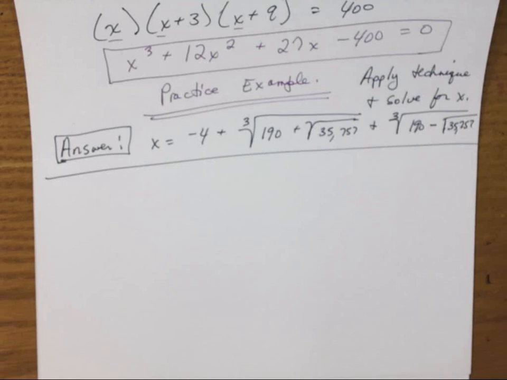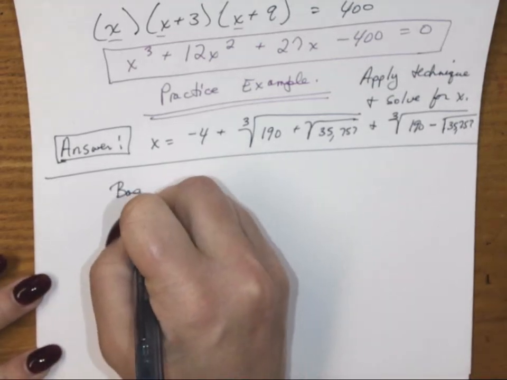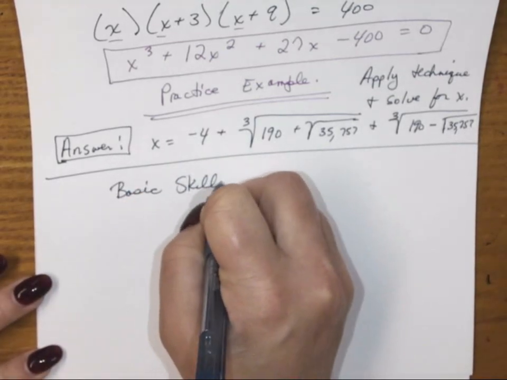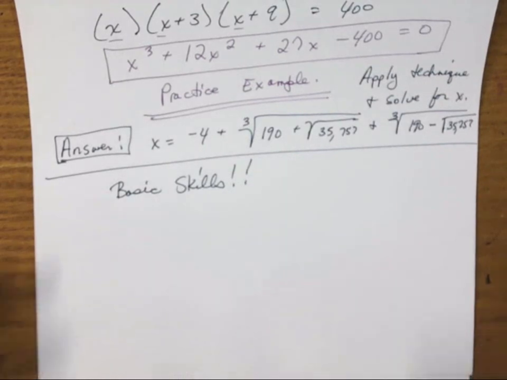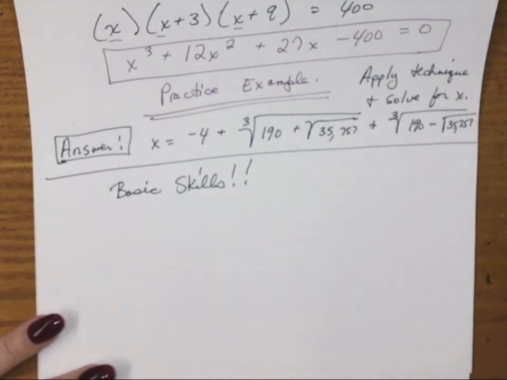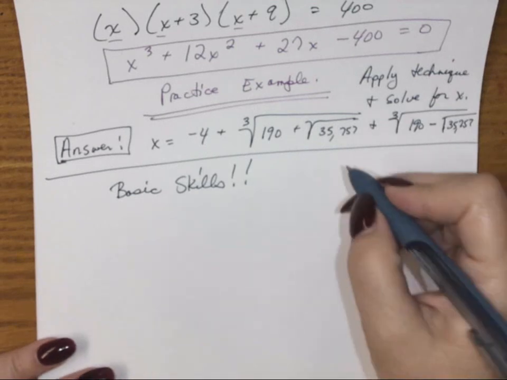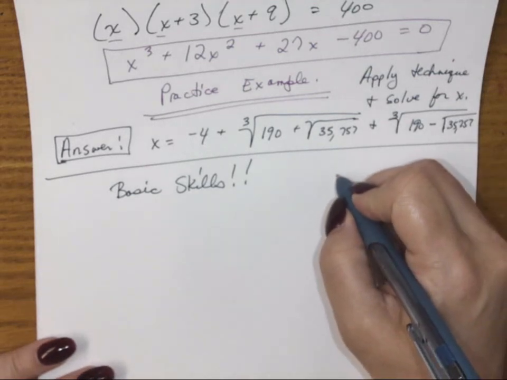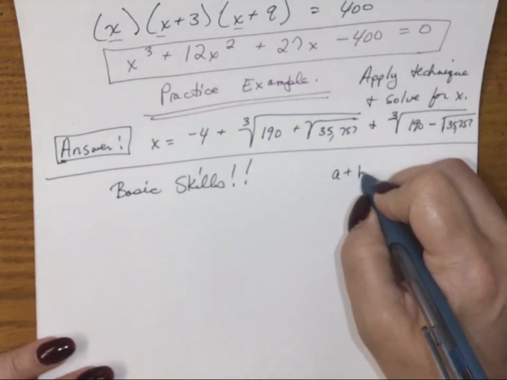I know these are basic skills. Everybody should know them, so I'm not going to spend a lot of time on it. However, if you do not remember how to do this, then you should spend some time reminding yourself of complex numbers and what the rules are, and that's why some of the homework looks like this.